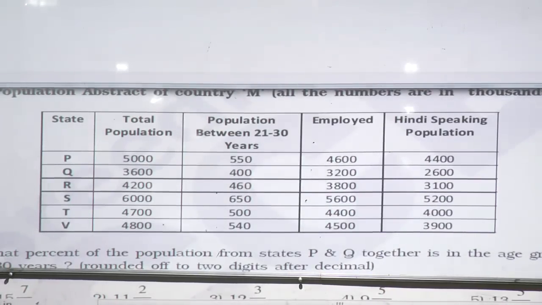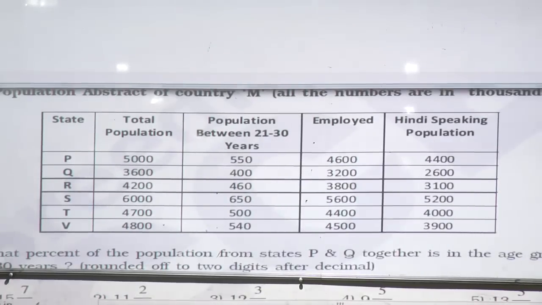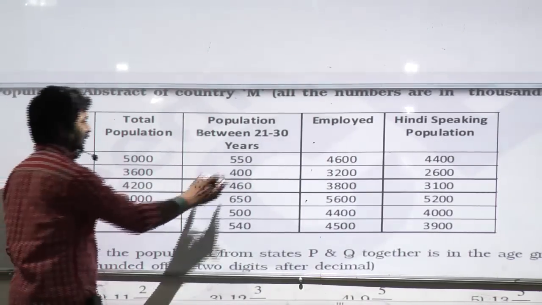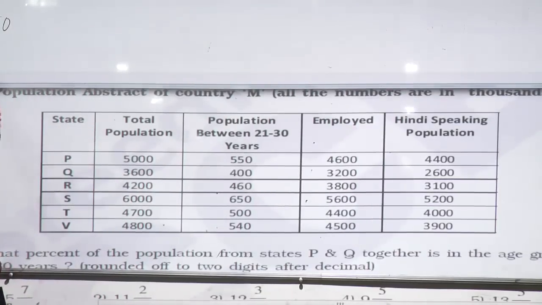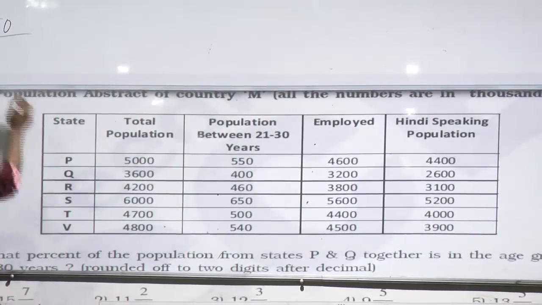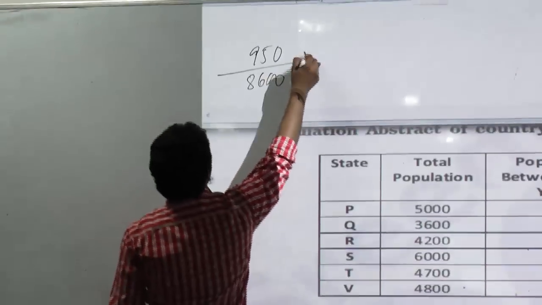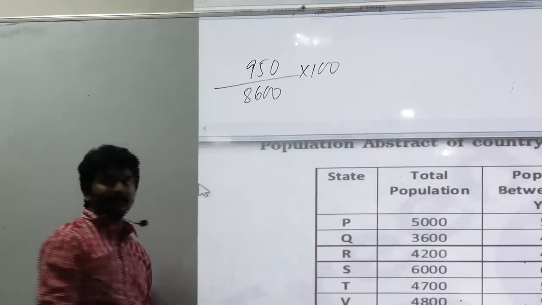What percent of the population from states P and Q together is in the age group 21 to 30? P and Q, 21 to 30, how many are there? 950. And you asked about percentage, 950 out of 8,600. You asked about percentage, so multiply by 100.